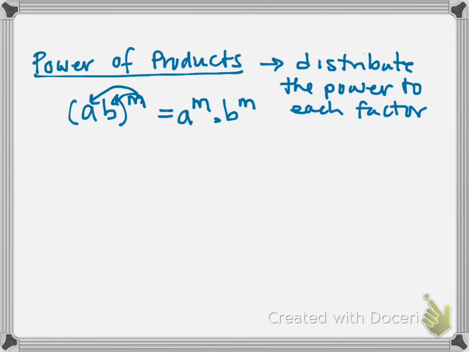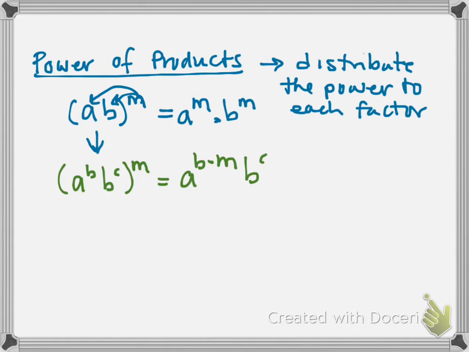But what I need you to understand is that sometimes those powers also have exponents inside. So if this problem now becomes this, where let's say you have a to the b power and b to the c power, and you want to raise the whole thing to the m power, on the a, you're going to take the two exponents and multiply them together.